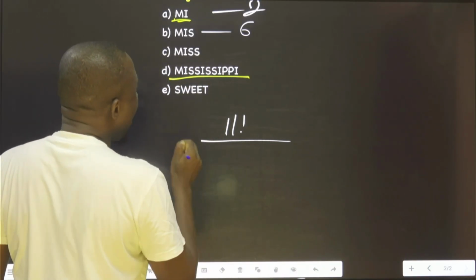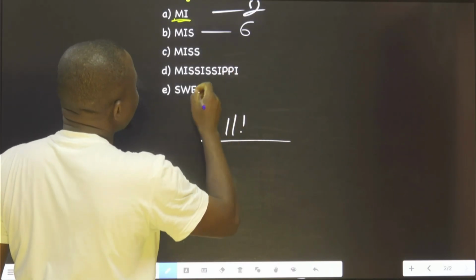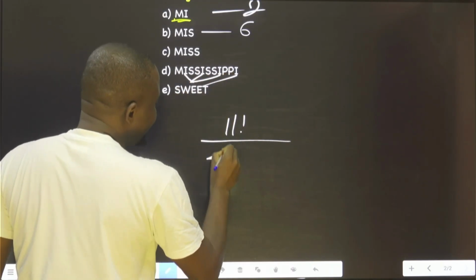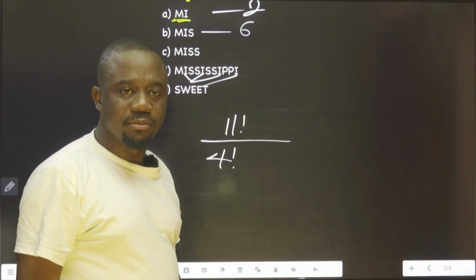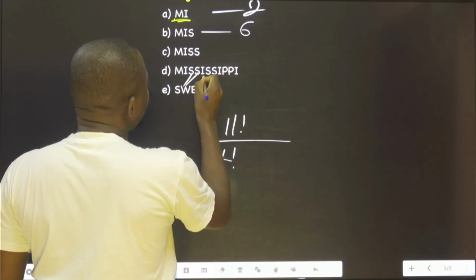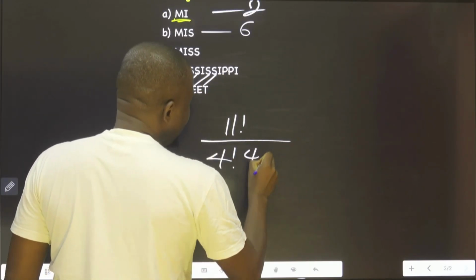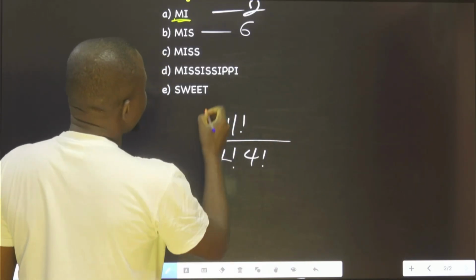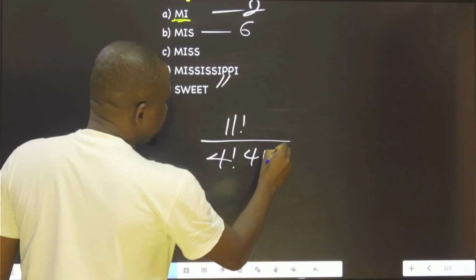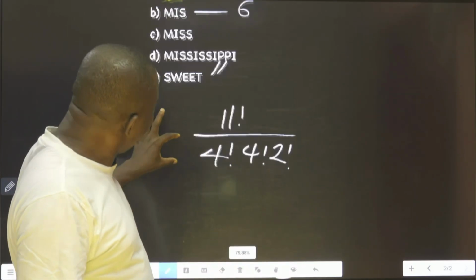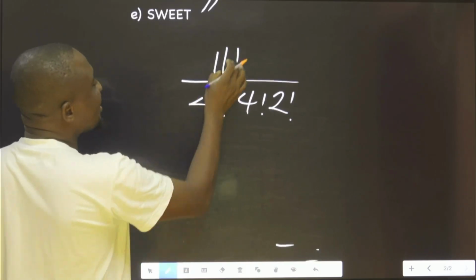For I, how many repetitions for I? 1, 2, 3, 4. That is over 4 factorial. Okay? What of this? 1, 2, 3, 4. 4 factorial. Okay? What about P? 1, 2. 2 factorial. That is all.